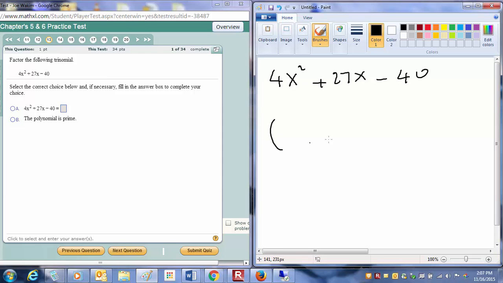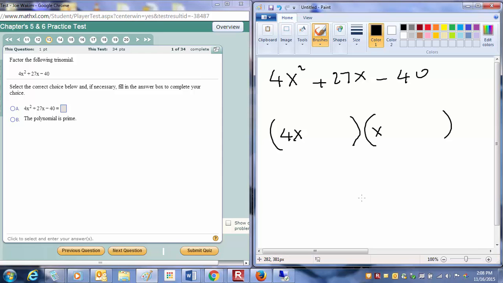So let's start by having parentheses. Now since I need a big number in the middle, I'm going to try 4x times x, instead of 2x times x. Let me try 4x times x first. Now I need a negative here, so one of them is going to be negative, the other positive, and I have a 40. 40 is 8 times 5, 10 times 4, and I need a 27 in the middle.